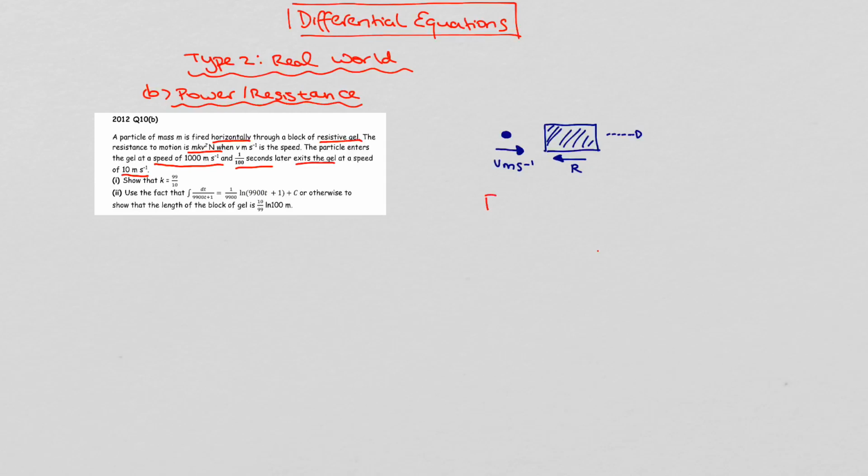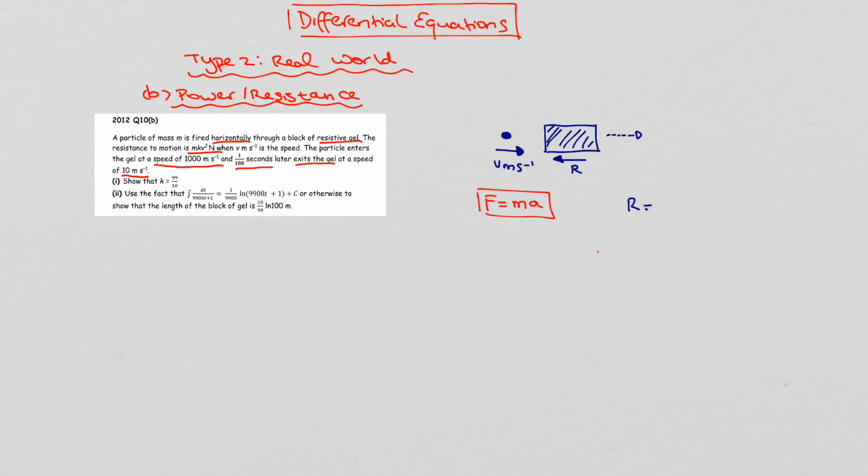Okay? So once we have a particle entering a block, we're going to have opposing forces. So there is no force going in. We have no kind of tractive force driving it in like an engine or anything like that. It's just a particle being fired in. So therefore the only force we have is the net force, which is the resistance. And we're told that the resistance is equal to mkv squared newtons.